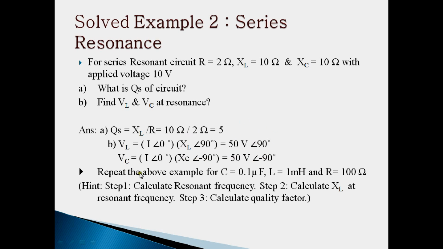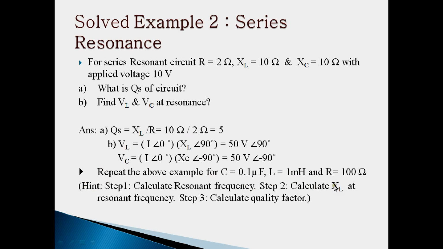Now repeat the above example for capacitor 0.1 microfarad, inductor 1 millihenry and resistor 100 ohm. Solve this example as homework. The hint is: step 1, calculate resonant frequency using the formula Fs is equal to 1 divided by 2 pi under root of LC.